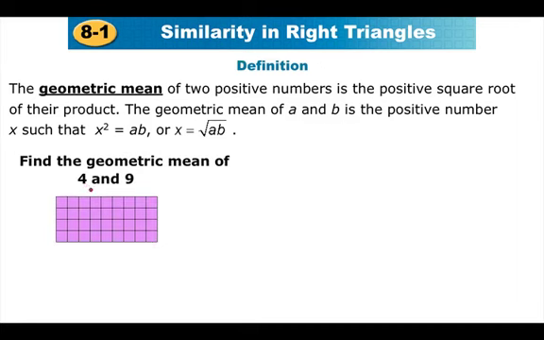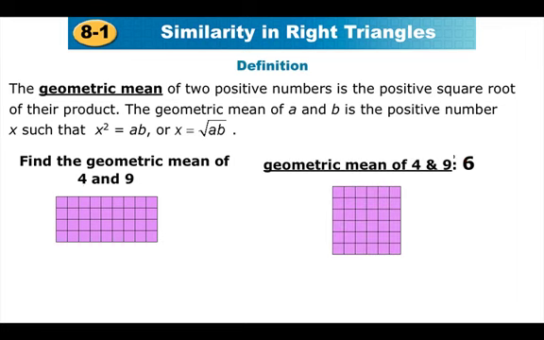Let's say that we need to find the geometric mean of 4 and 9. Look at this rectangle. This width is 4. This length is 9. Now I'm going to find the geometric mean of 4 and 9, which turns out to be 6.